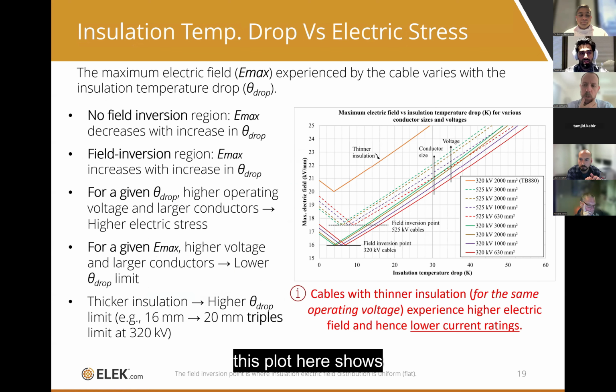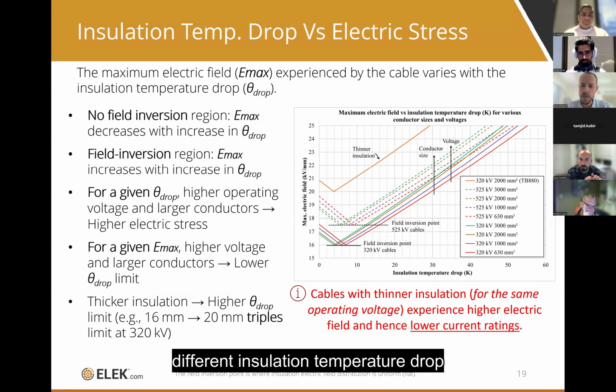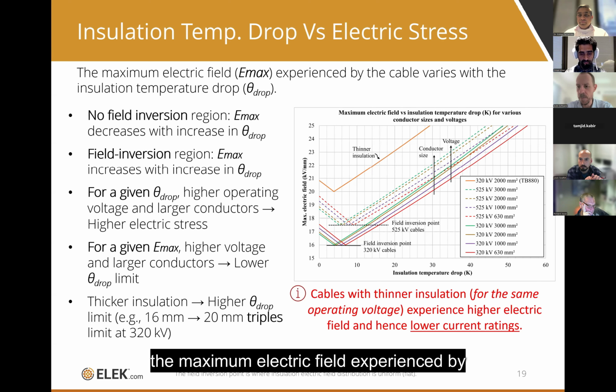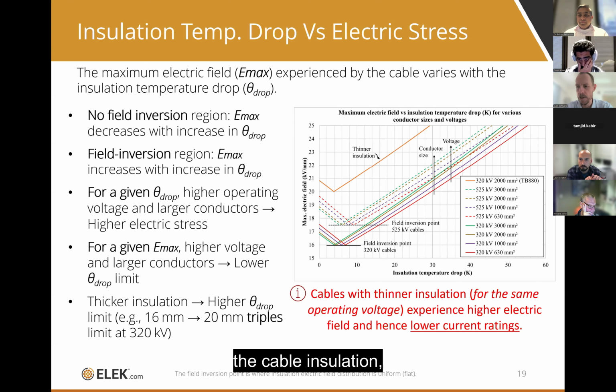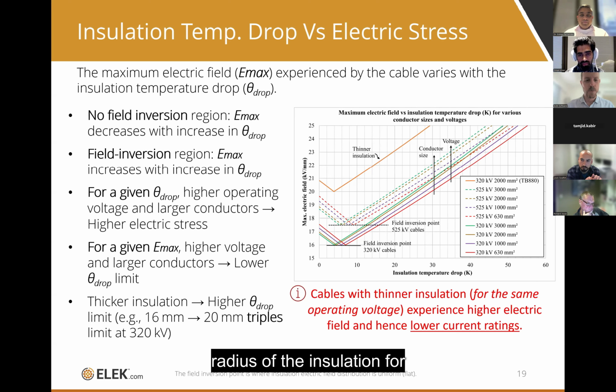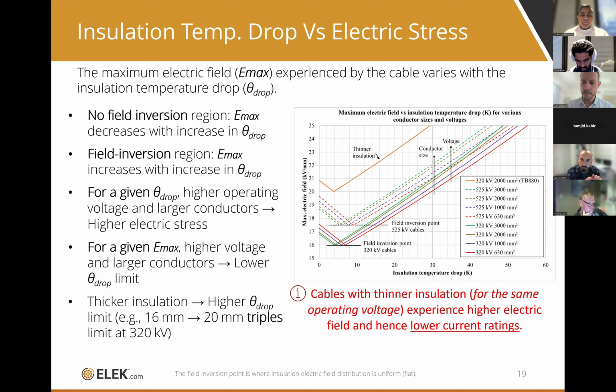So this plot here shows different insulation temperature drop versus the maximum electric field experienced by the cable insulation, be that on the inner or the outer radius of the insulation, for want of a better term.